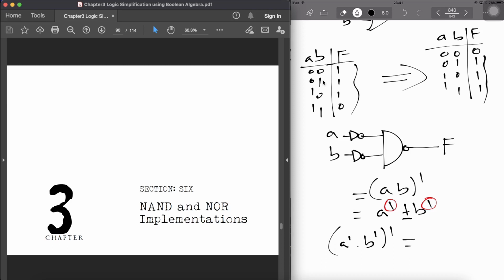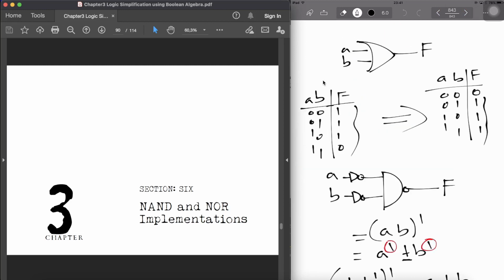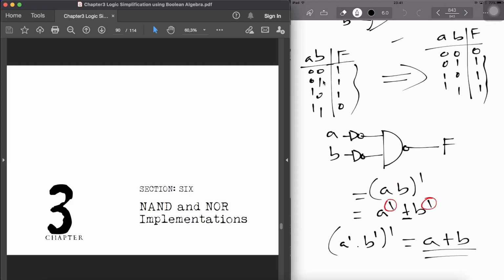If you take the De Morgan of that, this becomes A plus B. That's it. So we can implement an OR function using inverters for each input and the NAND gate. Now, as you can see, inverter, AND and OR functions are all implemented by just using a NAND gate.